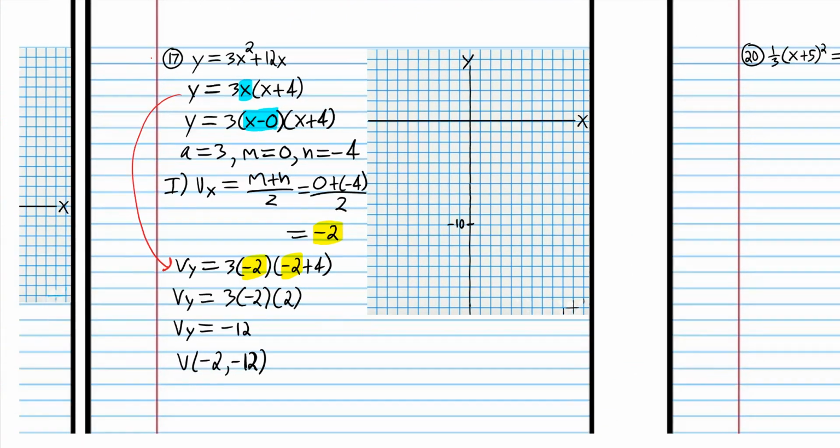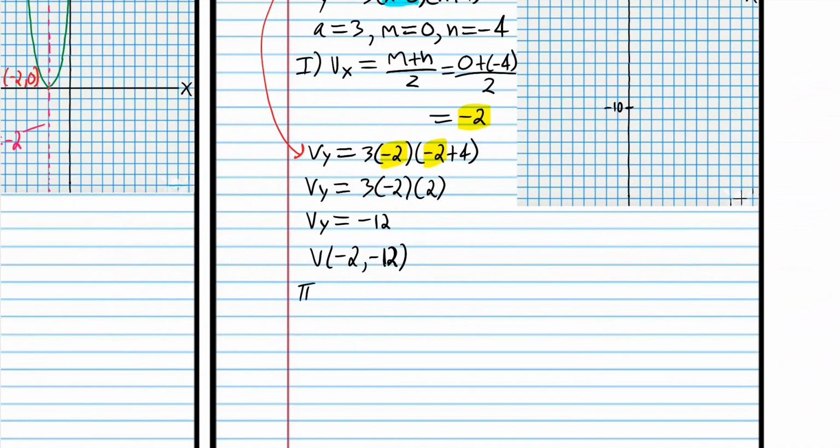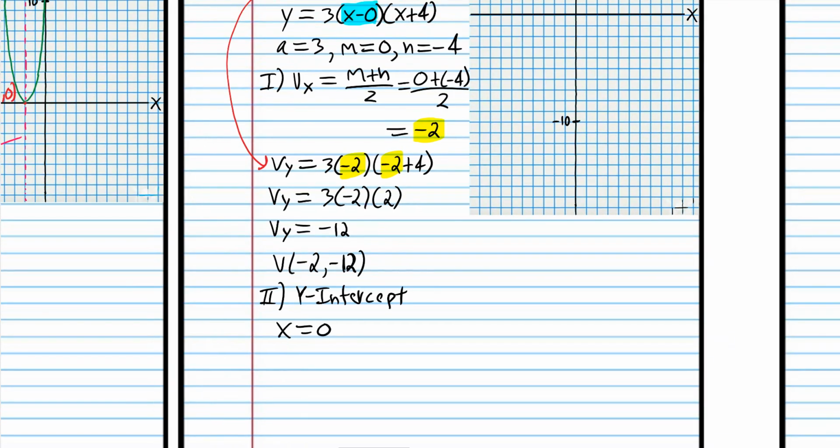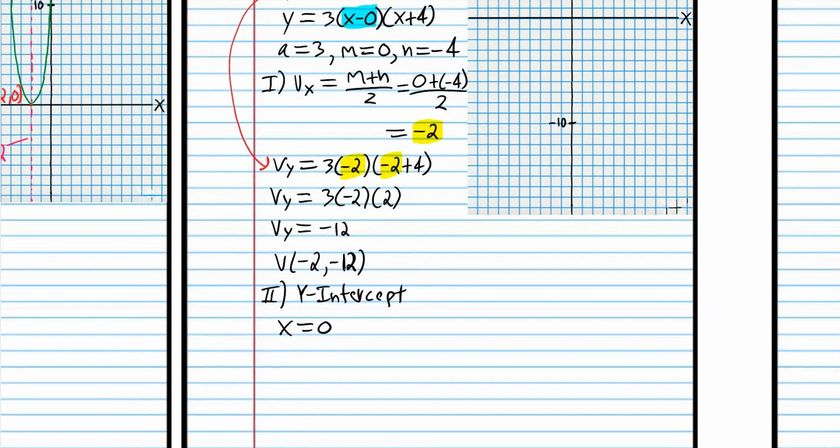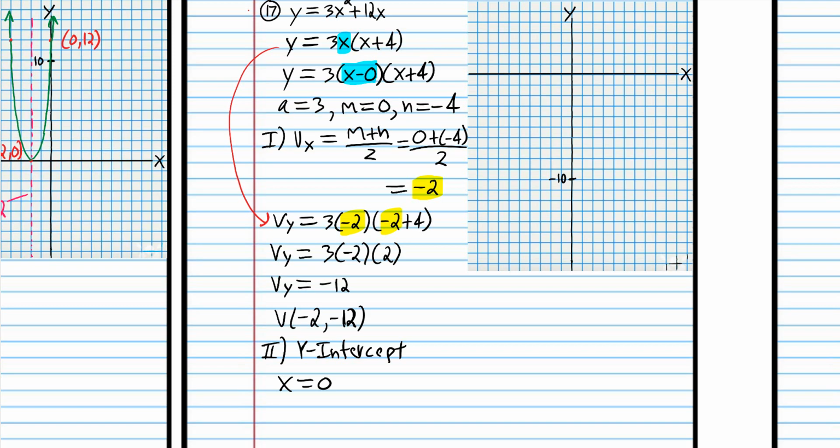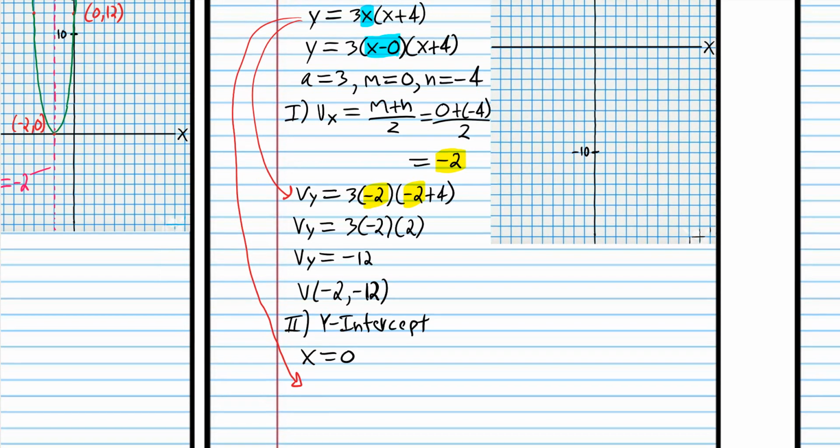All right, and step 2 is to find the y-intercept. To do that, we let x equal 0 as usual. Again, these are all things that I require you to do in this particular class. So we plug in x equals 0.